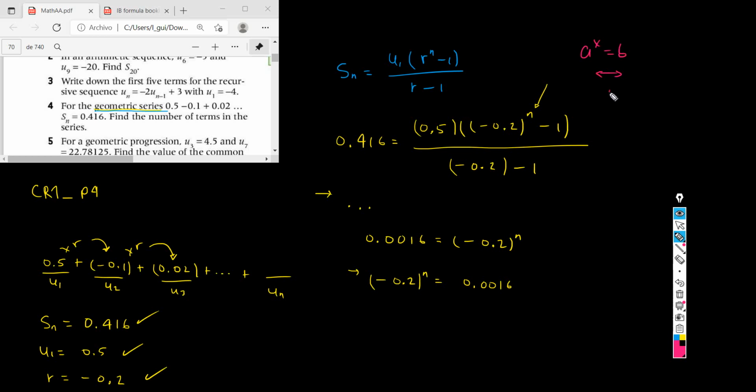This is the same as the following: the logarithm base a of b is equal to x. Remember that thing. This is exactly the same as this. And this is what's going to allow you to calculate x, right? X is going to be equal to the logarithm base a of b, okay?